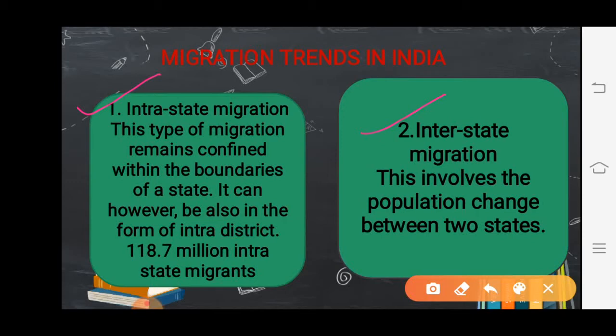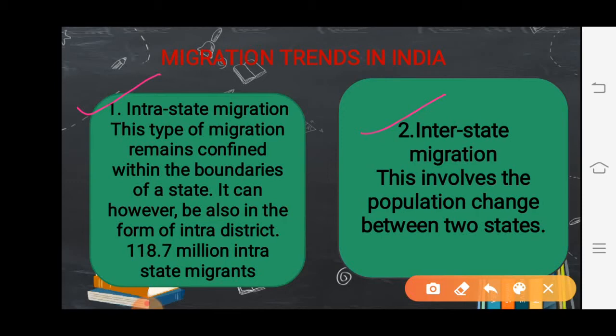Interstate migration means, inter means between. So this type of migration occurs when one person or a group of people migrate from one state to another state. For example, you are migrating from the state of UP to Maharashtra. That's interstate migration, that is between. Just take an example.